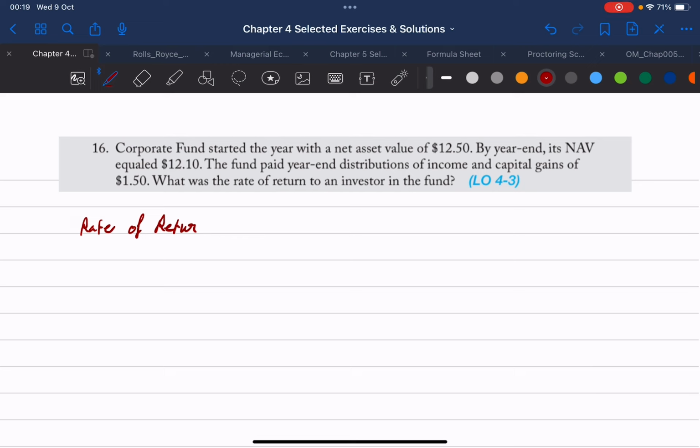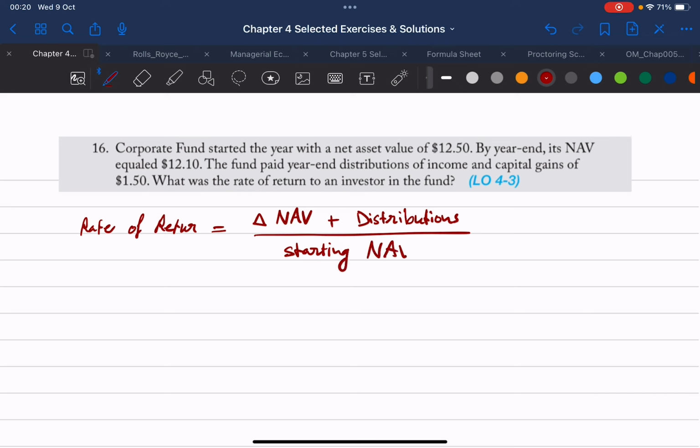Okay, so rate of return will equal the change in net asset value, so delta net asset value plus distributions, all divided by the starting NAV, or starting net asset value.